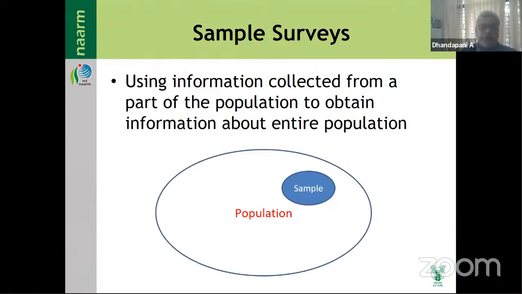For example, in this pandemic, you might have seen at least 2 or 3 surveys conducted to assess the antibodies present in people in different cities. The idea is that we want to know how many people could have been infected by COVID.